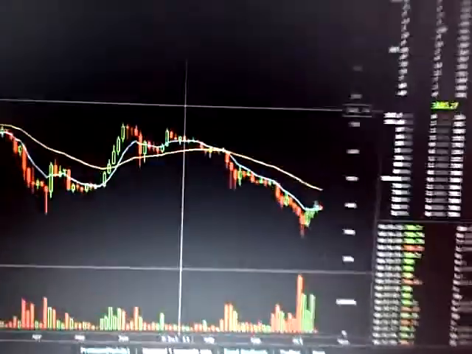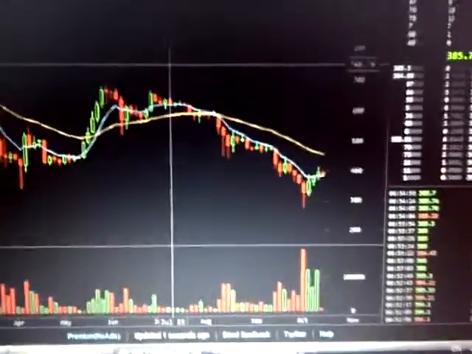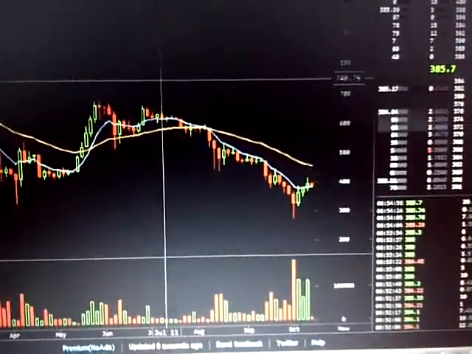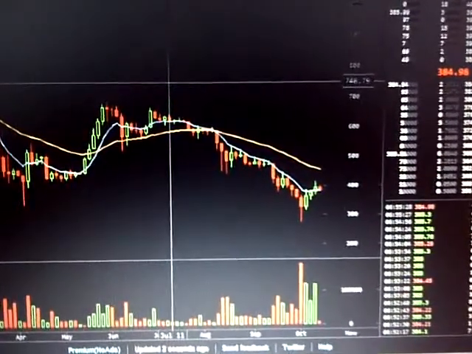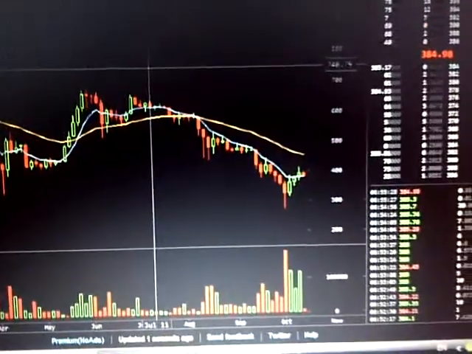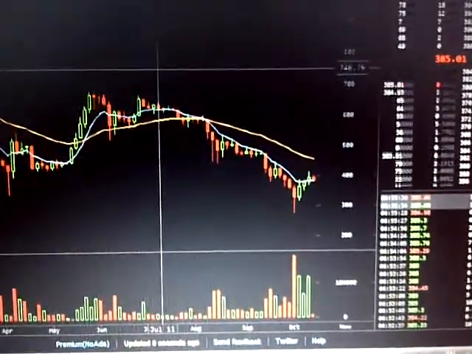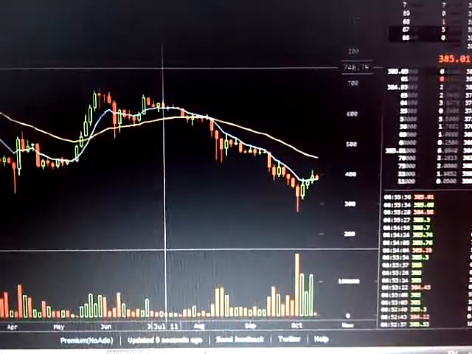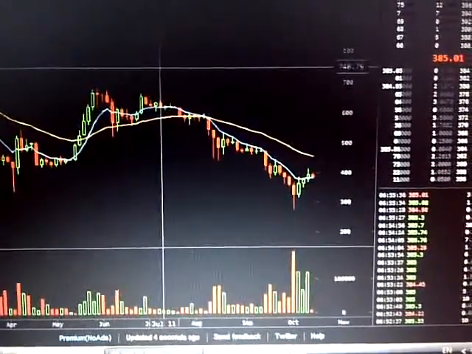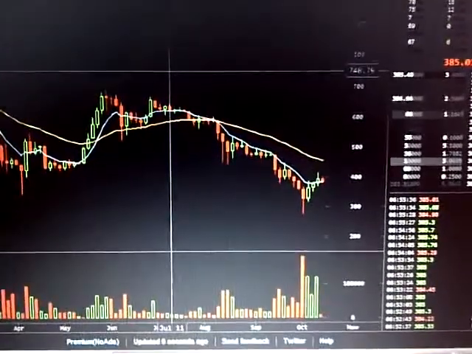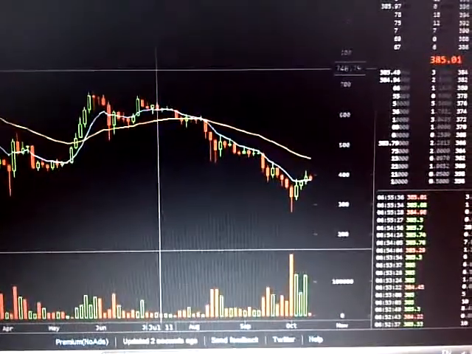So I'm biased. I'm very long on Bitcoin. The only reason I would sell my Bitcoin is because I want to buy in at a lower price. I'm sorry, I don't just buy and hold everything I get, because I'm looking for deals. I'm looking to get more Bitcoin for my money.